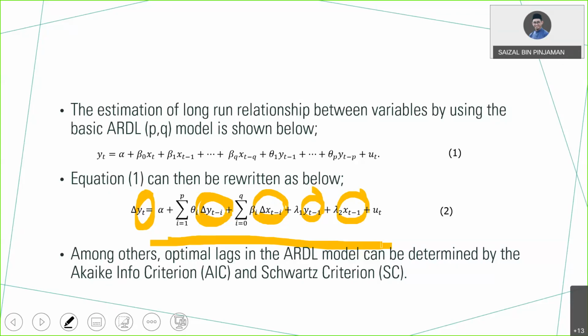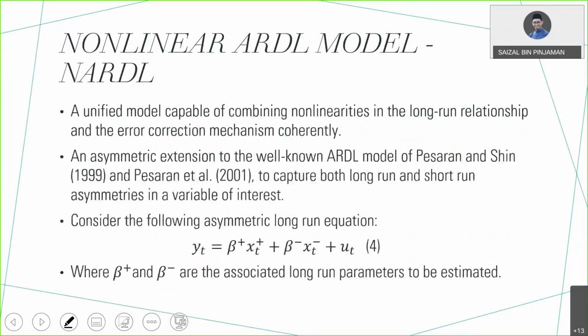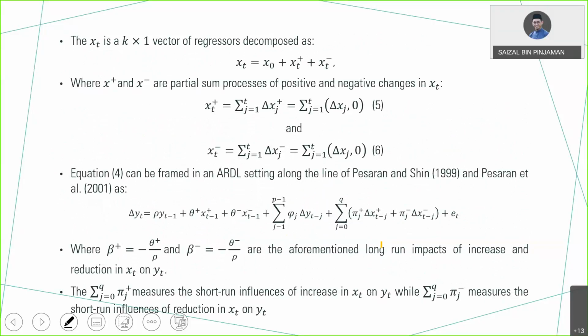If we compare it with the NARDL equation, just like what we have in this particular part, we can see that there are some modifications. In this situation, the dependent variable is a function of its lag 1 value, lag 1 of the independent variable in positive values and in negative values.